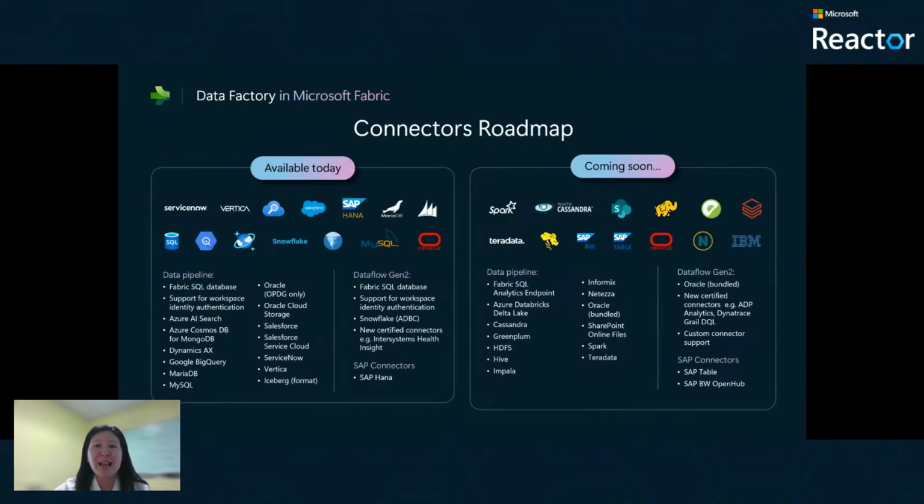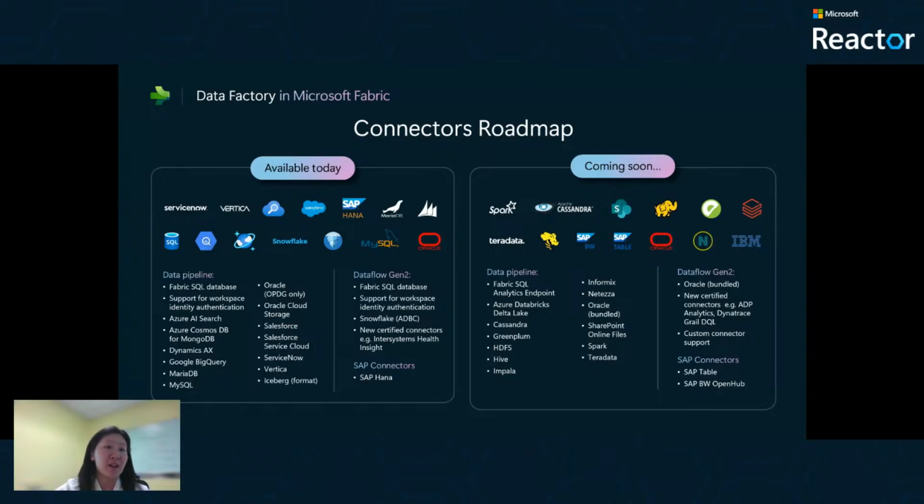Okay, so we are so excited to share with you the connector roadmap. Based on many of your feedback, we have been adding more connectors to data pipeline, Dataflow Gen 2, and SAP, which enable them to support common authentication types, for example, like workspace identities.